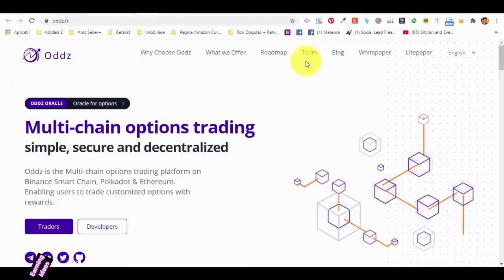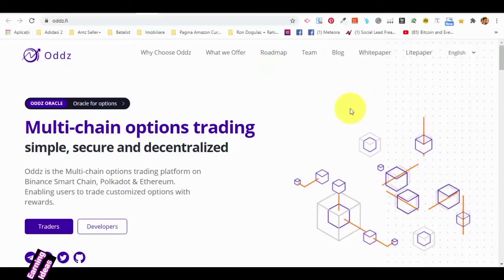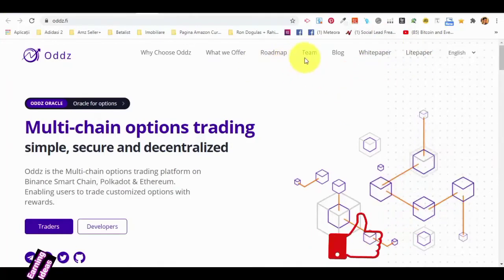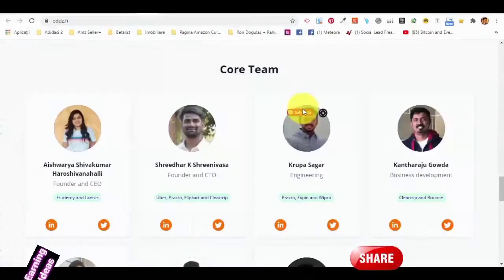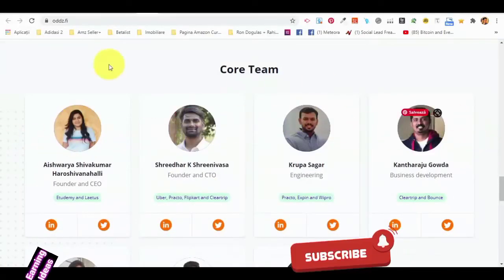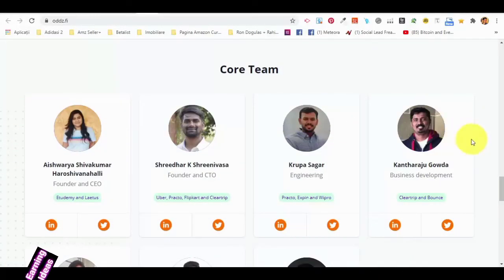What we recommend is to check the white paper to see if you understand the project well, and to check the team. You want to see who's the team behind the ICO or the project. It's important to have a good team which is popular, maybe not necessarily from the standpoint of expertise, because we also have a lot of experts in different fields who are not that popular.